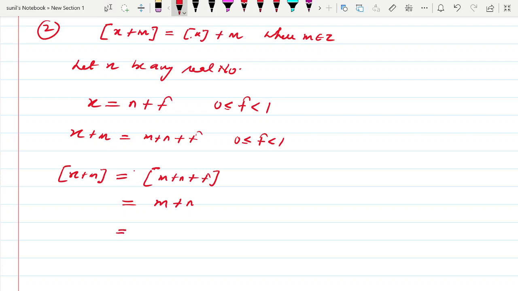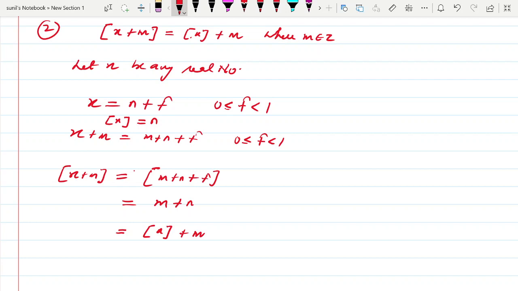Now what is n? Again, if I find the greatest integer of x, it is n, so it is bracket x plus m.